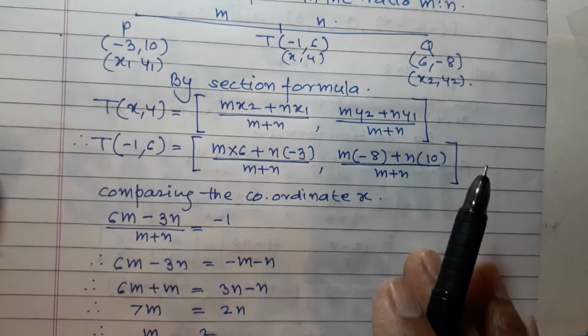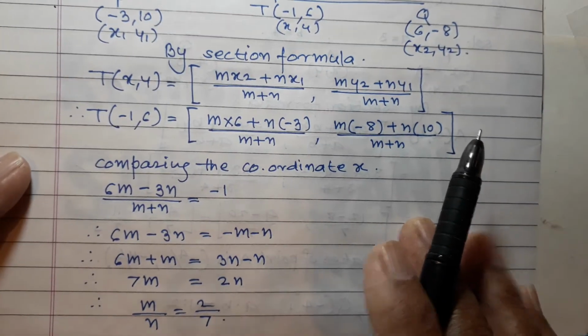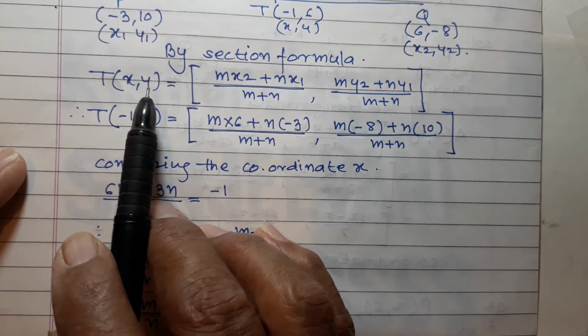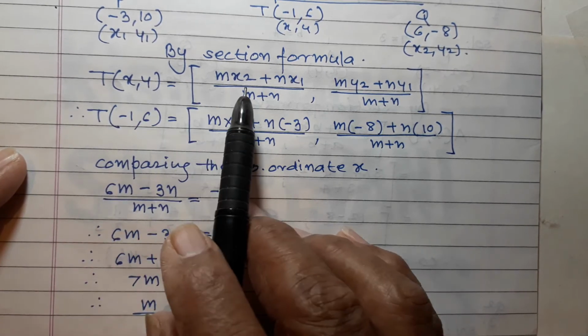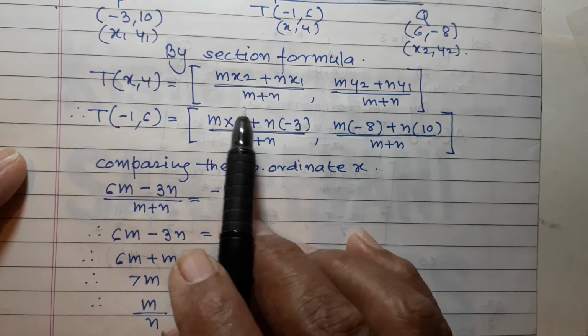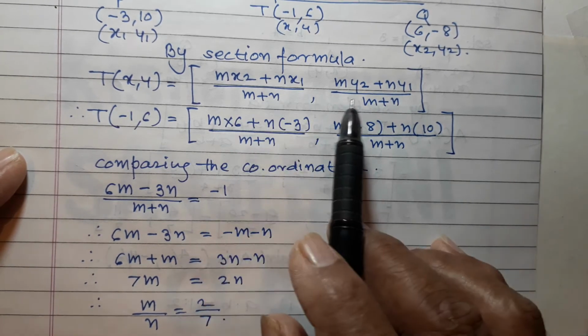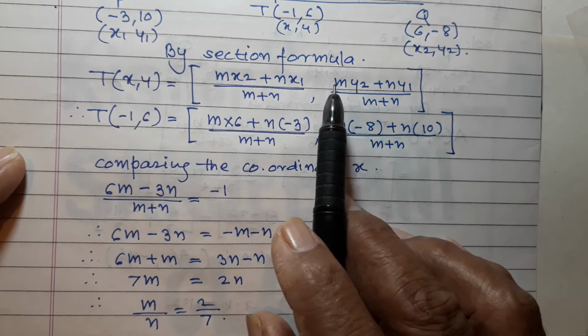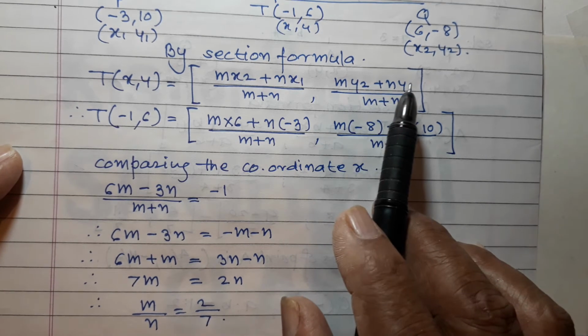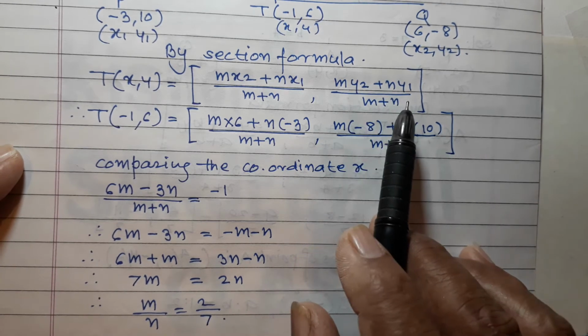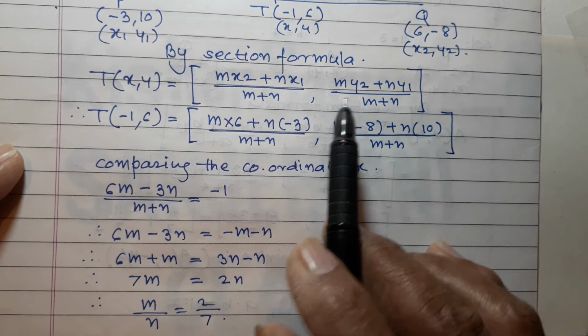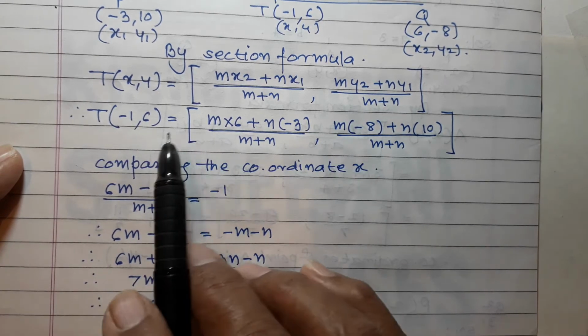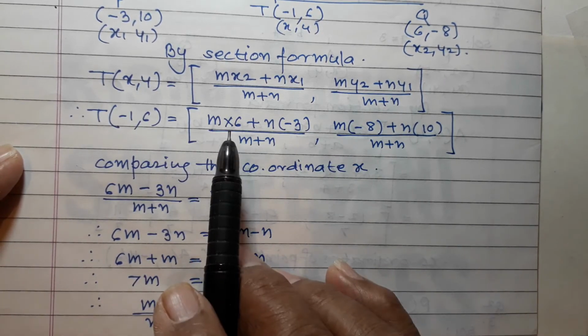Then by the section formula, T(x, y) = ((m x2 + n x1)/(m + n), (m y2 + n y1)/(m + n)). Then substitute your values, whatever is given.